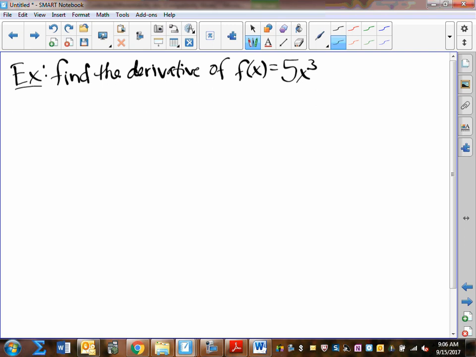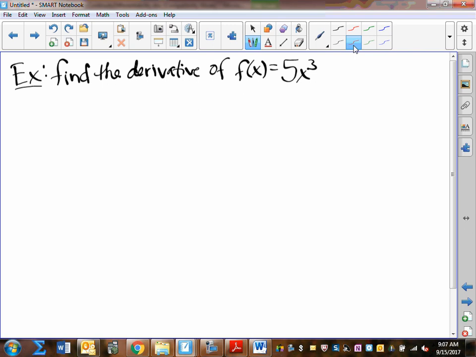Derivative of f of x equal to 5x cubed. Now again, we can actually use either limit definition. I feel like h is probably the one that is most popular to use, but I'm going to show you how we can use each one.